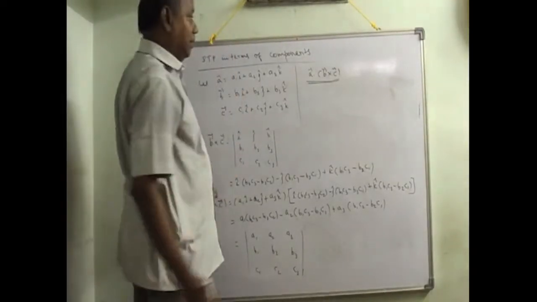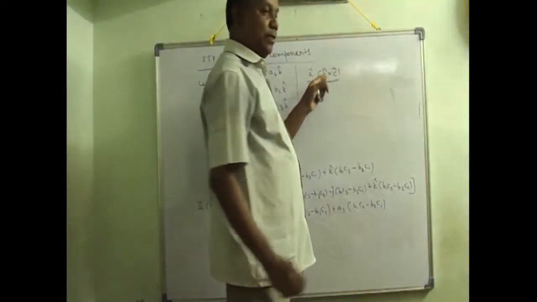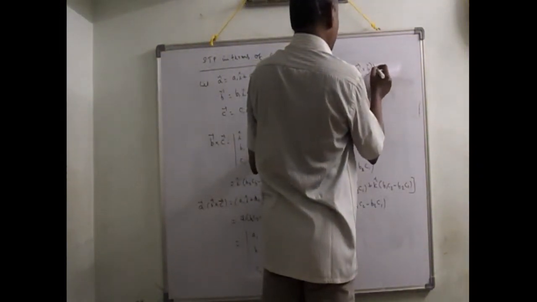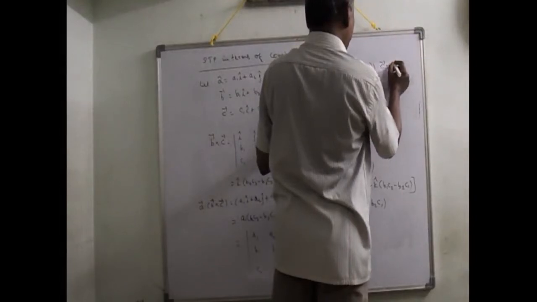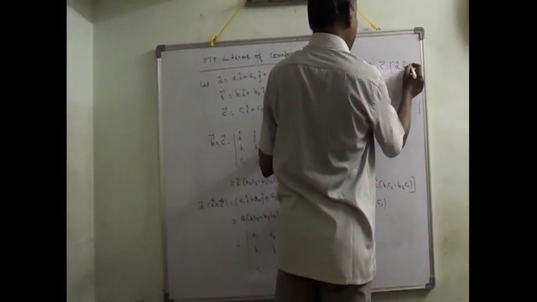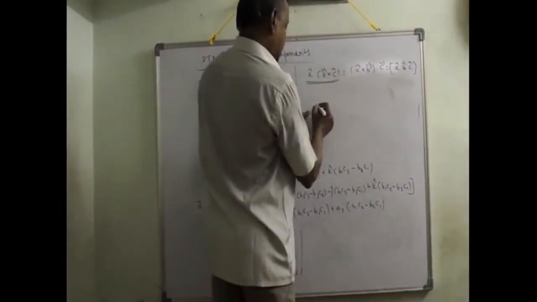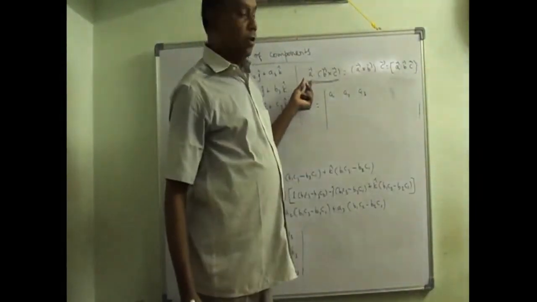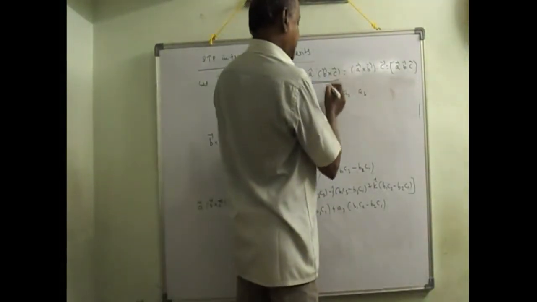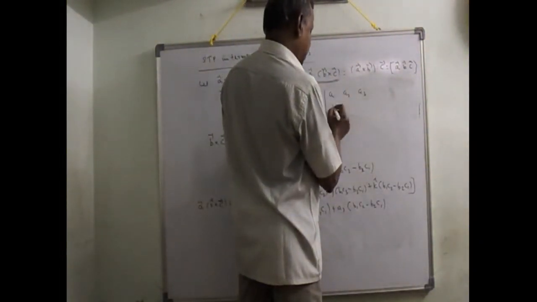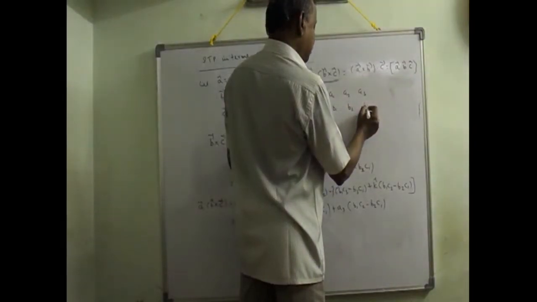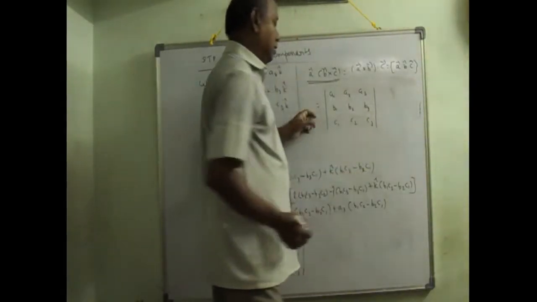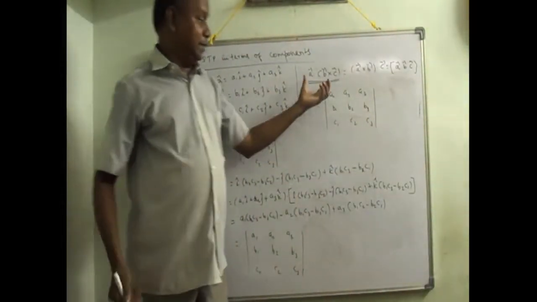Therefore, in general, A vector dot B cross C, which is equal to A cross B dot C, in the form of box A vector, B vector, C vector, is equal to the determinant of A1, A2, A3, the scalar components of the first vector, the scalar components of the second vector B1, B2, B3, and C1, C2, C3. So this is the value of STP.